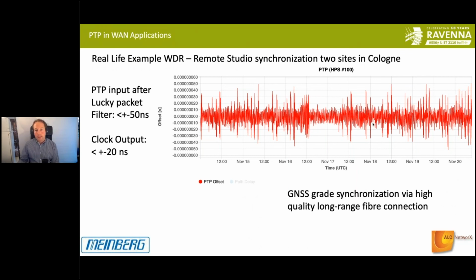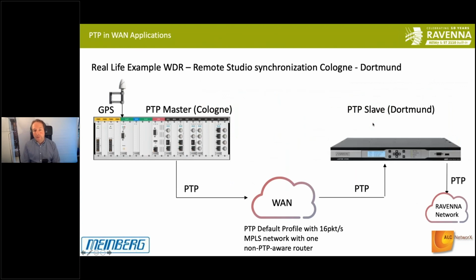That's why we took another example from a local studio in a different city, in this case in Dortmund, which is approximately 100 kilometers or even more, I'm not sure, from Cologne. It runs via our own maintained connection from Cologne to Dortmund via an MPLS network, where at the end a non-PTP-aware router still needs to be used.